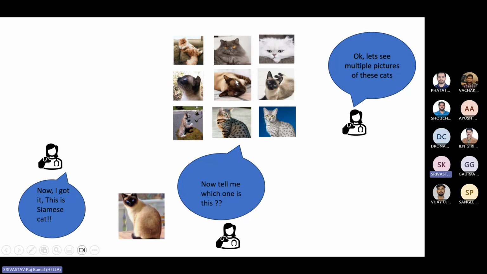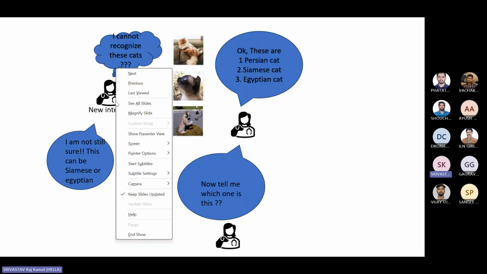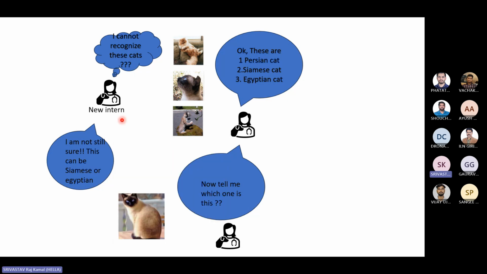So what did we learn from this example? Now replace this person by a computer program, which looks at the image and tries to give you the answer. Earlier the computer program was shown a few examples and asked about an unknown example, and it was not able to answer.